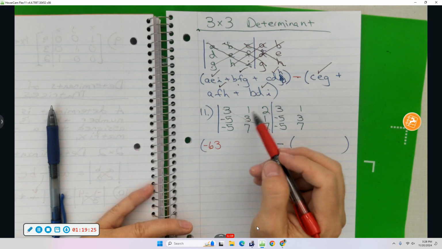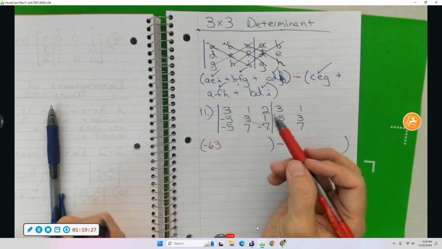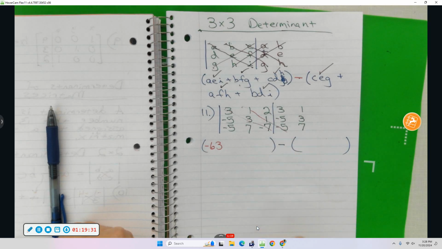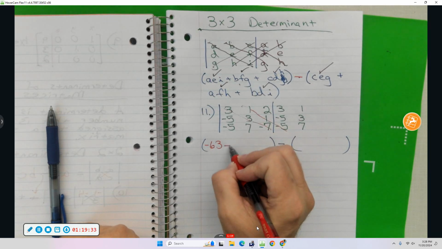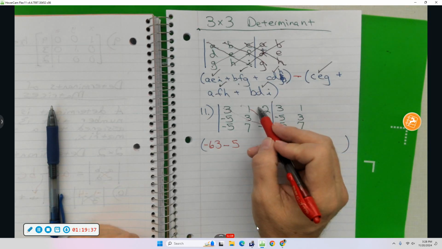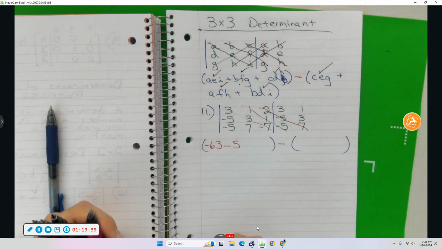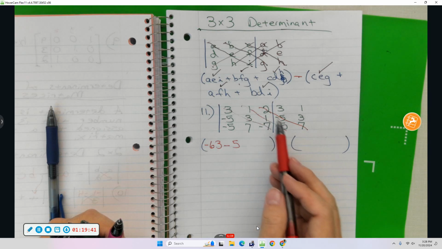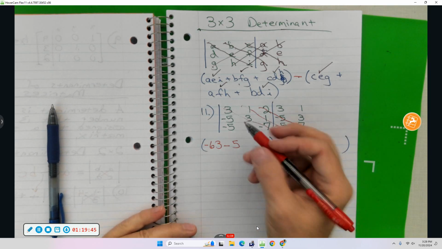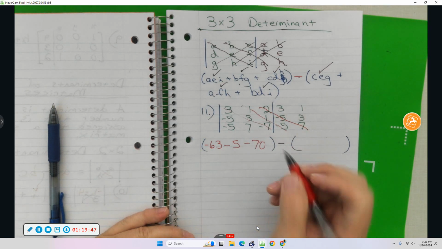Move over. Oh, 1s are nice. 1 times anything is anything, so that's nice. 1 times 1 times -5 gives us a negative 5. And 2 times negative 5 times 7. 2 times negative 5 is negative 10, times 7 is negative 70.